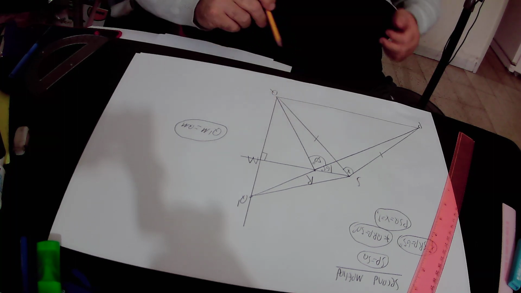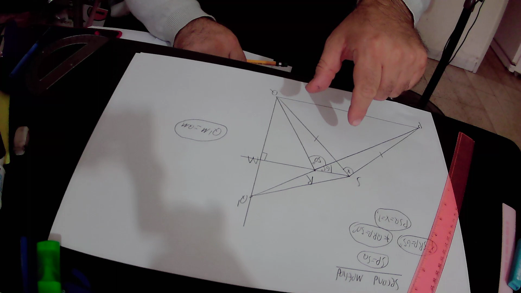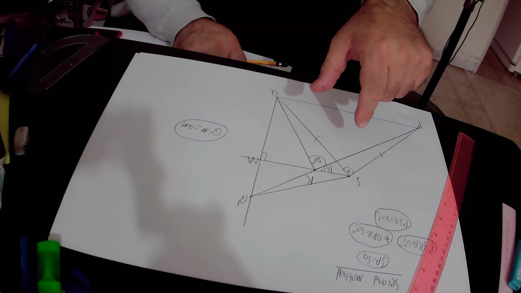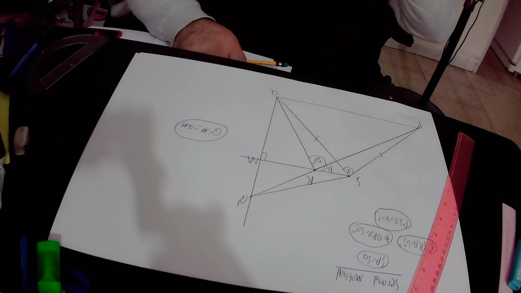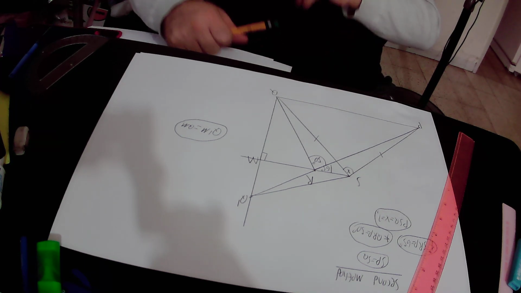So if we look at the lower side of the straight line SM at point R, the sum of the angles must be equal to 180 degrees.